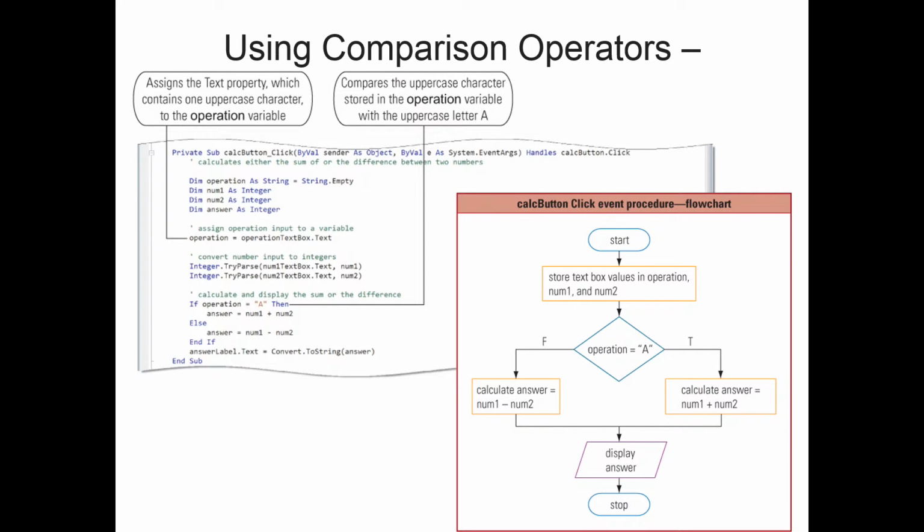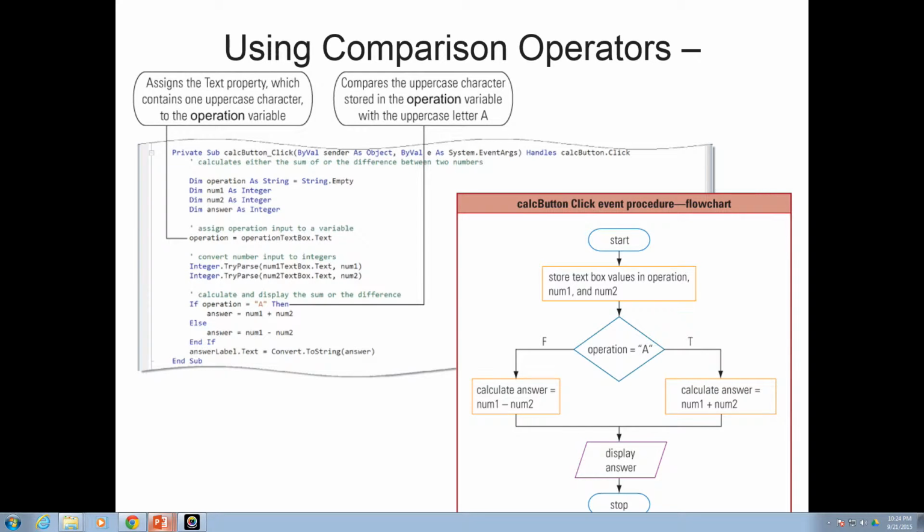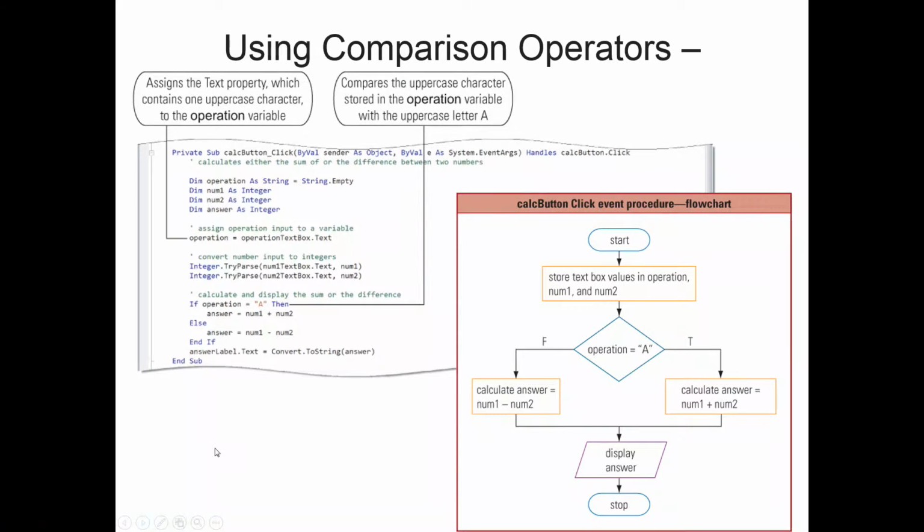Declare three integers num1, num2, and answer, and then we assign whatever's in the operation text box, or the text box where we either hit A or S, into operation itself. After getting whatever is in the text box, we then take in whatever is in the two text boxes for the numbers, the num1 text box and the num2 text box.